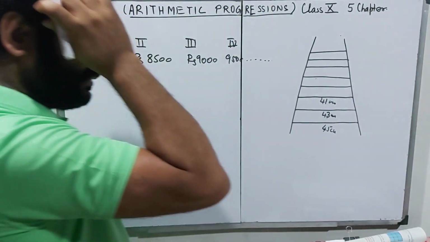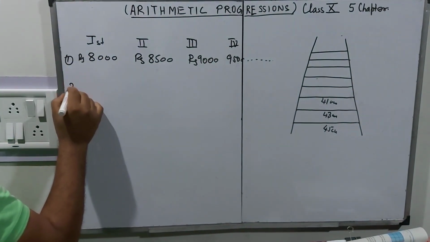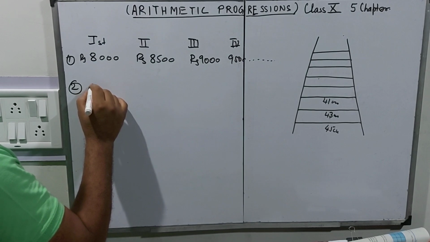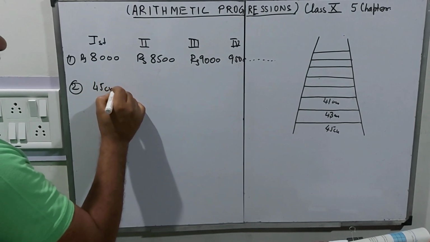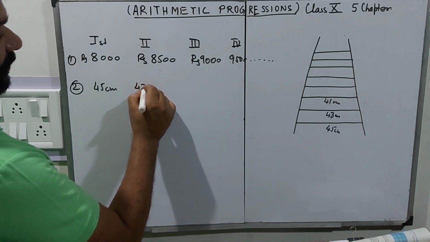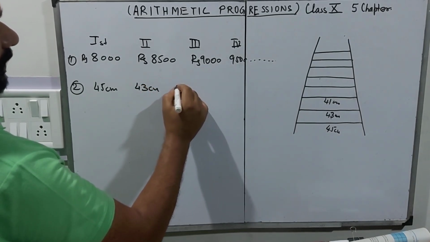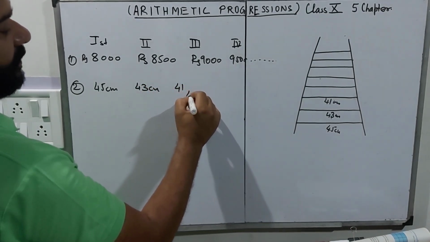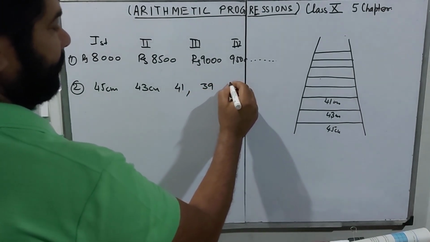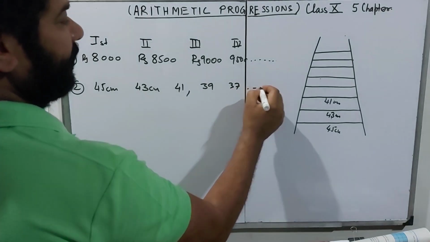Observing the list of these numbers in the second case, the bottom rung is 45 centimeters, just above it is 43 centimeters, then 41 centimeters, next 39, next 37, and so on.